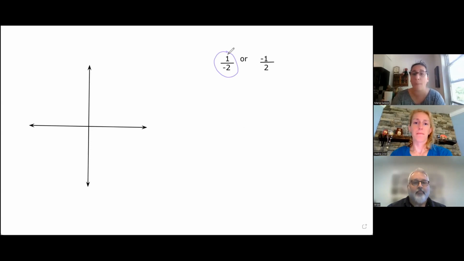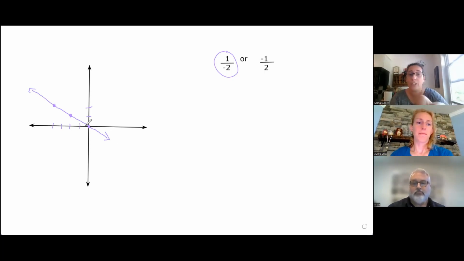So let's take a +1 over a -2. Still the slope of -1/2, but the way we would move on our graph would be up 1 and to the left 2 units to represent that -2. Then I can repeat that, go up 1 more time and to the left 2 more units. And you'll see a negative slope is created as we intended it, as we thought it would for a -1/2.